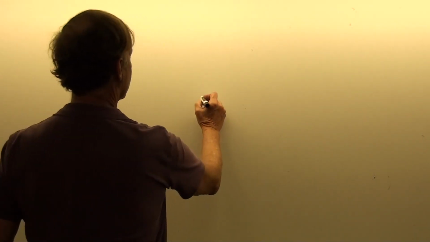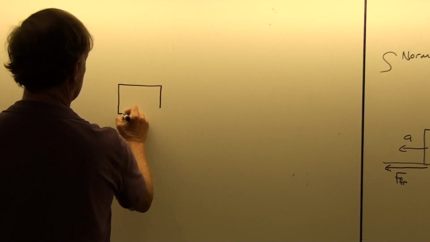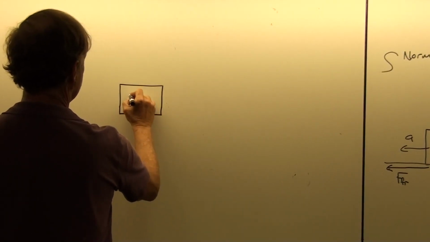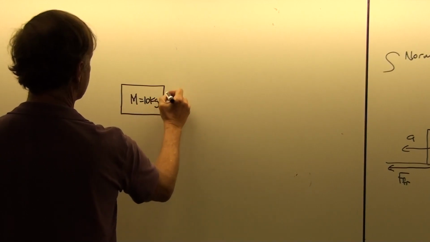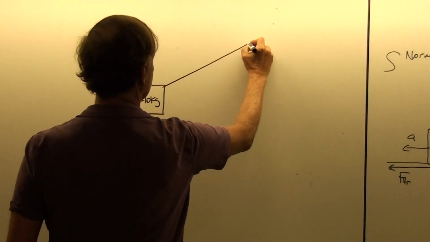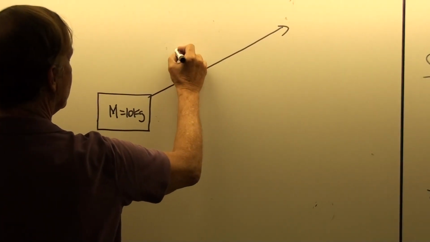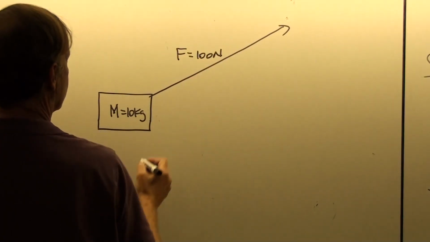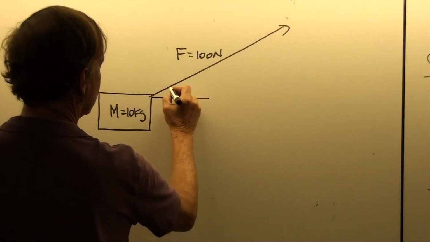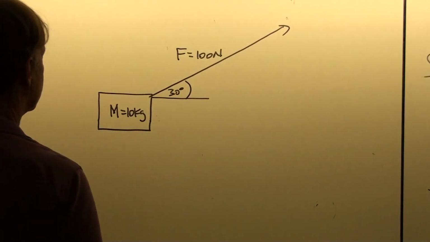In this next example, let's take a look at a mass. In this case, let's make the mass equal to 10 kilograms. Let's have a string coming off of the mass, which is pulling up with a tension that's equal to 100 newtons. Okay? And let's make this angle 30 degrees from the horizontal.